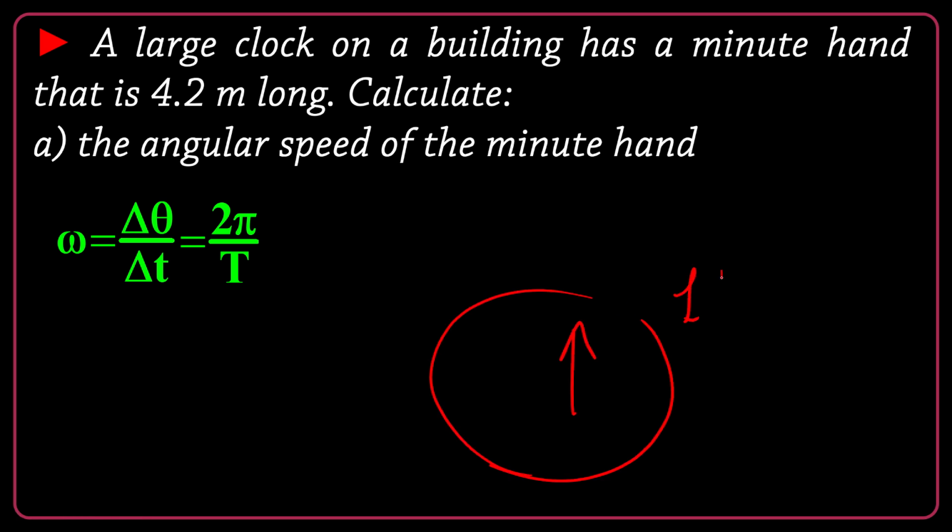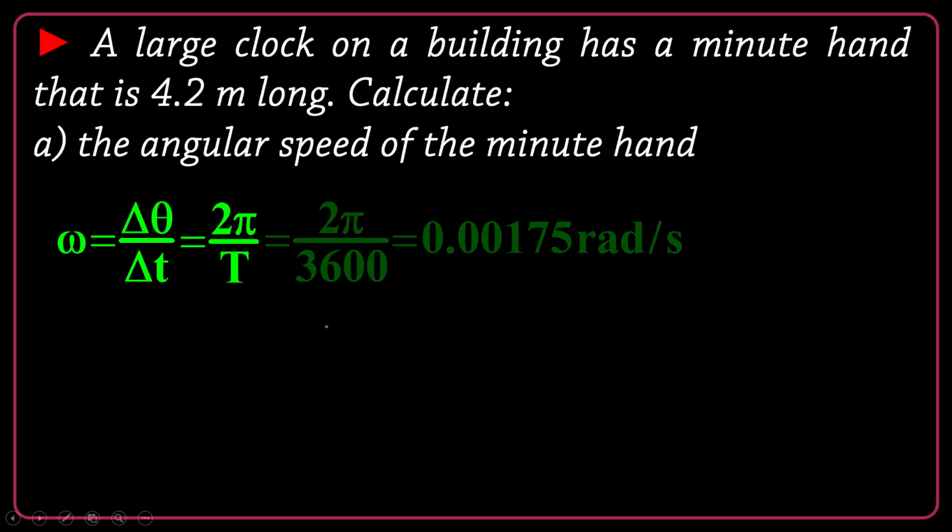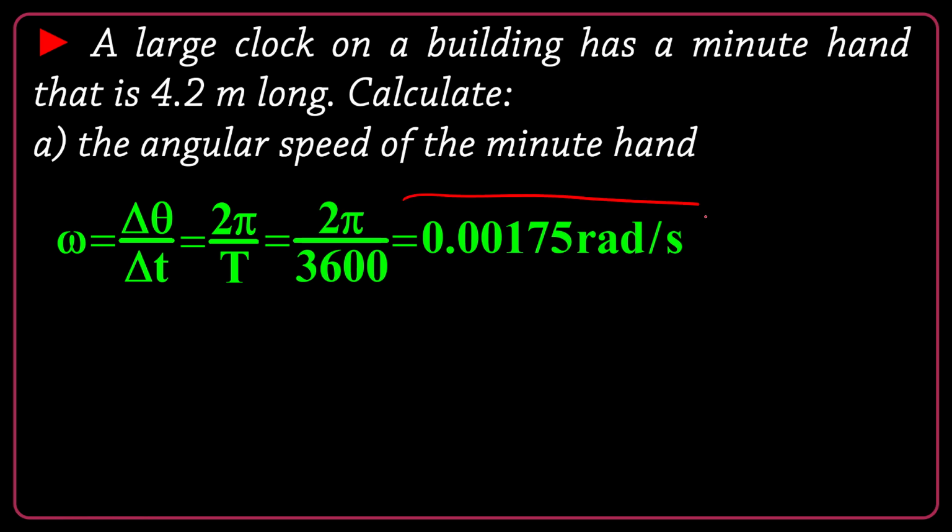It takes 1 hour for the minute hand to go round the clock, which is 3600 seconds. I always use SI units here. So let's do it and find this value for omega as a standard omega for every minute hand. Regardless of the size of the clock, it's always the same because the period of the minute hand is always 1 hour.